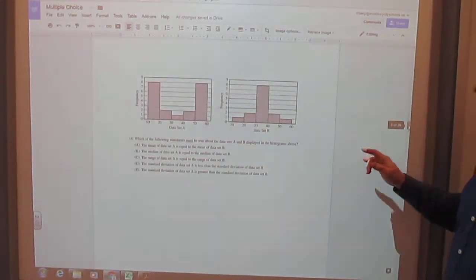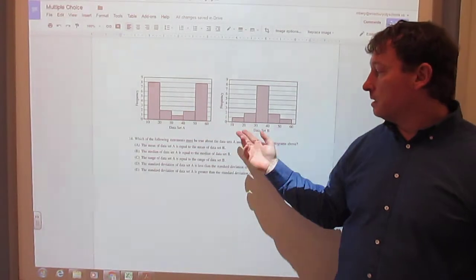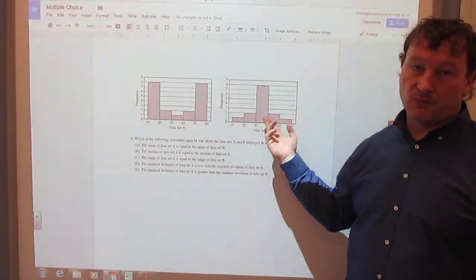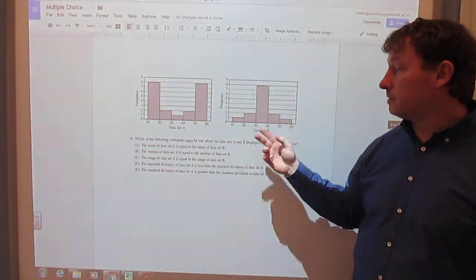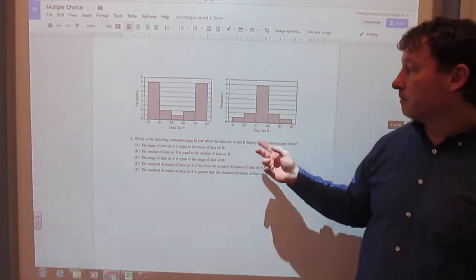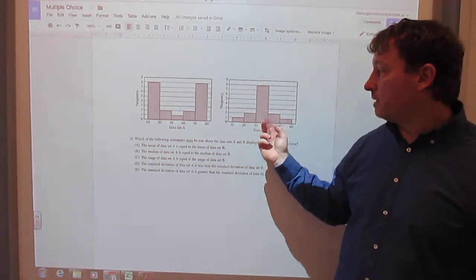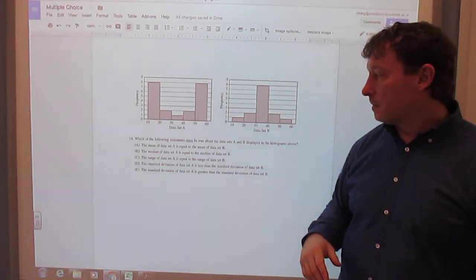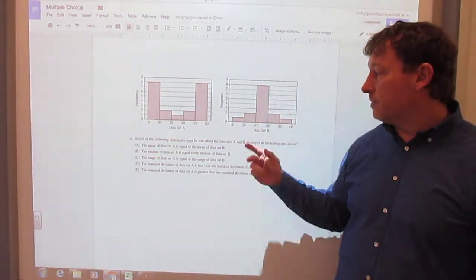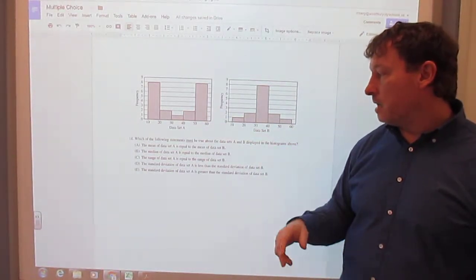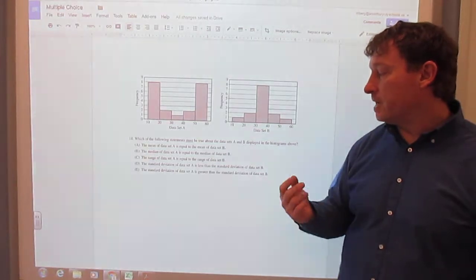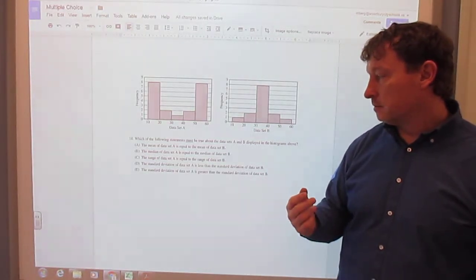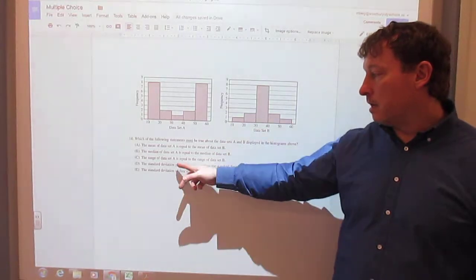Here are two distributions. This would be a bimodal, and this looks roughly normal, symmetrical. Maybe not so normal, but symmetrical. They're both symmetrical. And you want to think about where the mean would be and where the median is for symmetric data for these two.